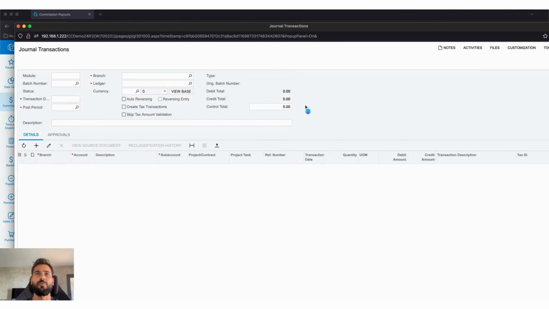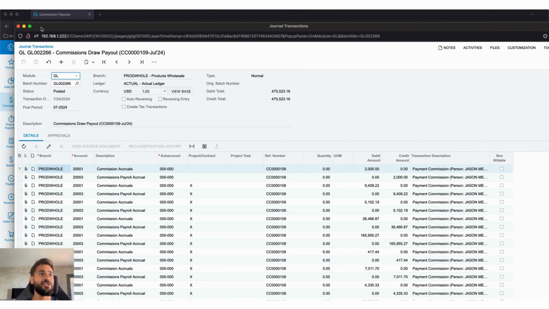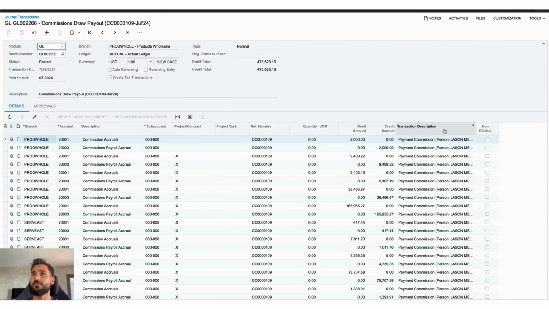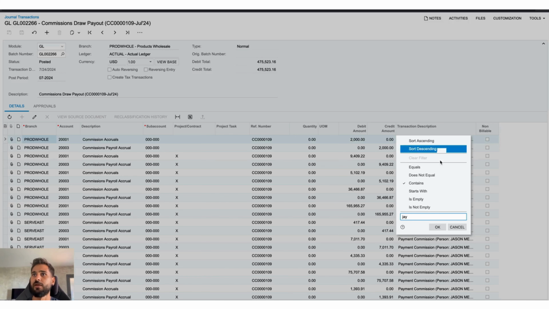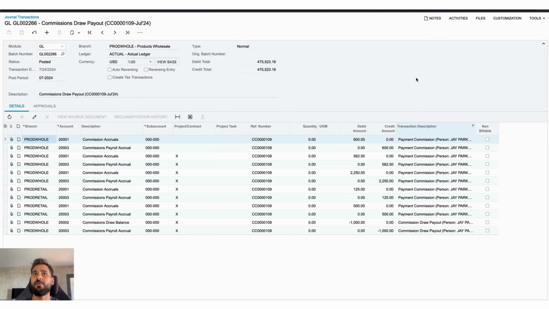Now I'm going to open my journal transaction and I'm going to focus on Jay. And let's see what happens with Jay. Contains Jay, okay, over here. So we have debits and credits, okay, for the accruals and the payroll. Basically, I'm decreasing my commission accruals account and increasing the payroll accrual account, what I'm going to pay from the payroll.